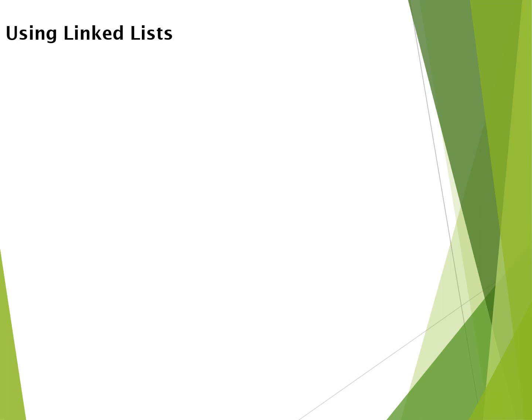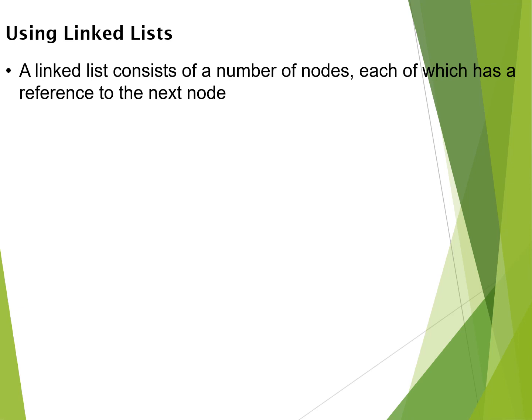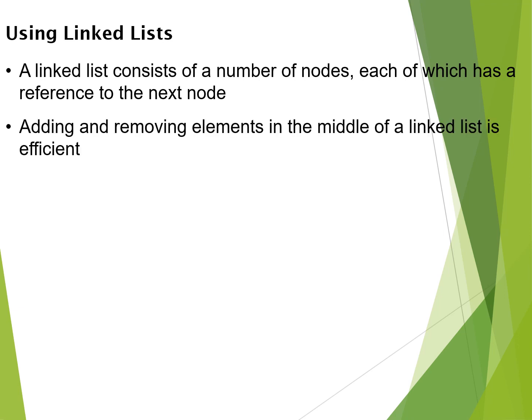So let's first see what a linked list is and how efficient it is. A linked list consists of a number of nodes, each of which has a reference to the next node. So adding and removing elements in the middle of a linked list is efficient because you can simply change the reference of the previous node and the next node of the place that you want to put the new element in.